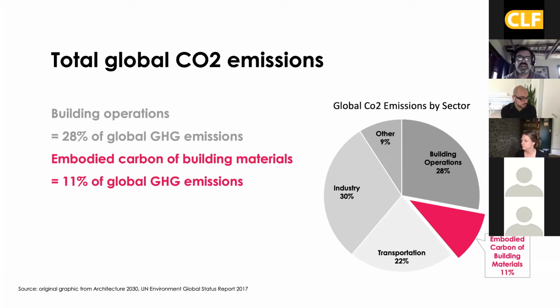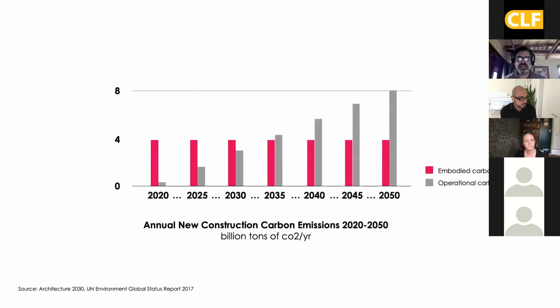And if we go to the next slide, we look at existing building stock. If everything we started building as of last year, for those projects, the lion's share in that first year is actually based on the construction of that building, all the concrete, excavation, materiality, and then the operational carbon will increase over time.